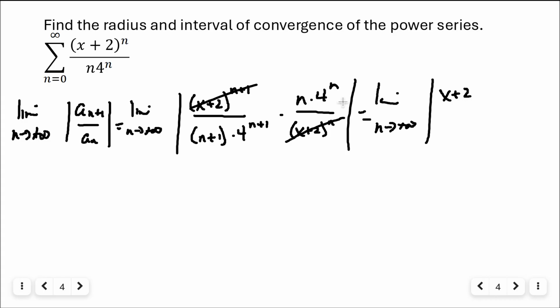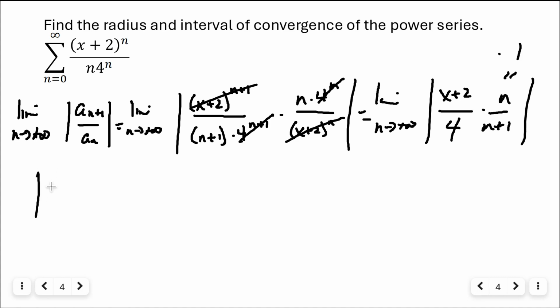So the one on the bottom has one more power of 4. So there's going to be 1 power of 4 on the bottom. And then we have an n over n plus 1 still. That has to be worked out with the limit as n goes to infinity. But the limit as n goes to infinity of n over n plus 1 will be 1, right? So that leaves me with, after I calculate that limit, the absolute value of x plus 2 over 4.